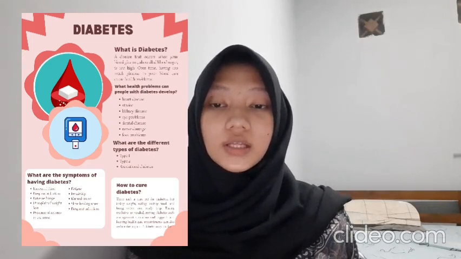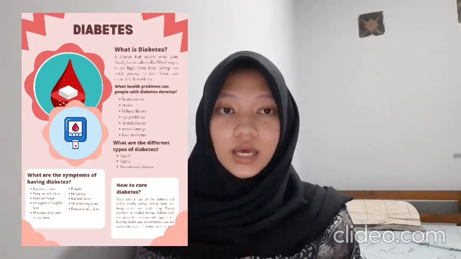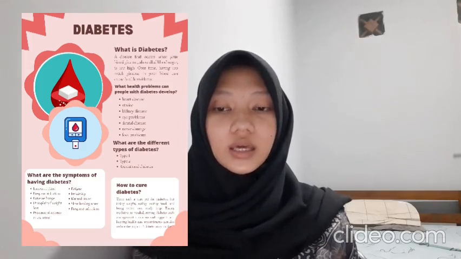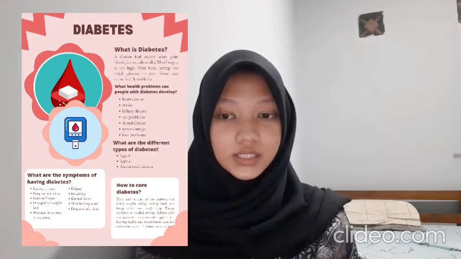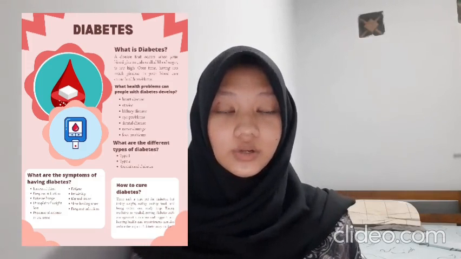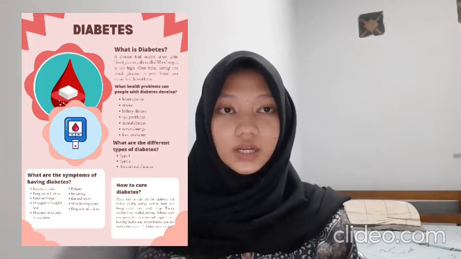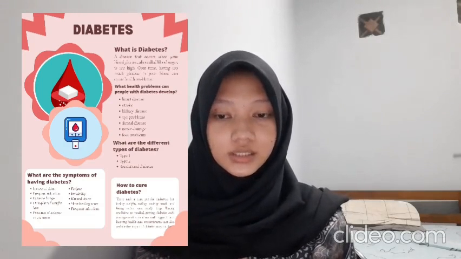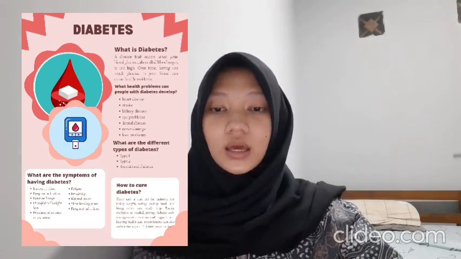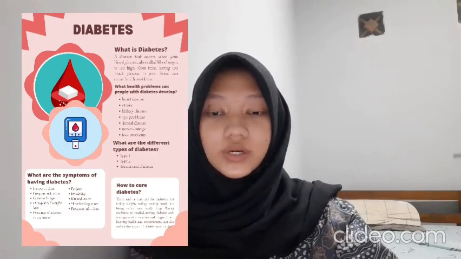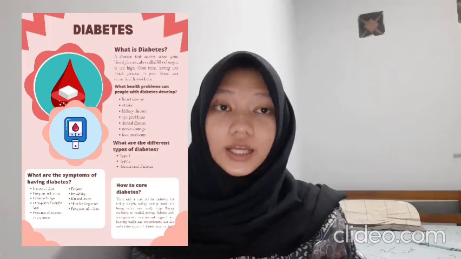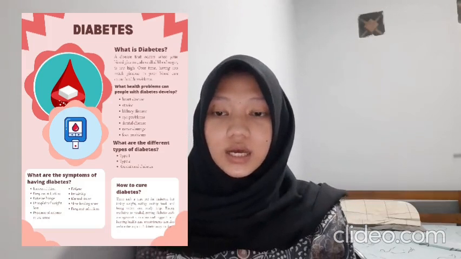Symptoms of type 1 diabetes can include extreme hunger, increased thirst, unintentional weight loss, frequent urination, blurry vision, and tiredness. It may also result in mood change. Type 2 diabetes.